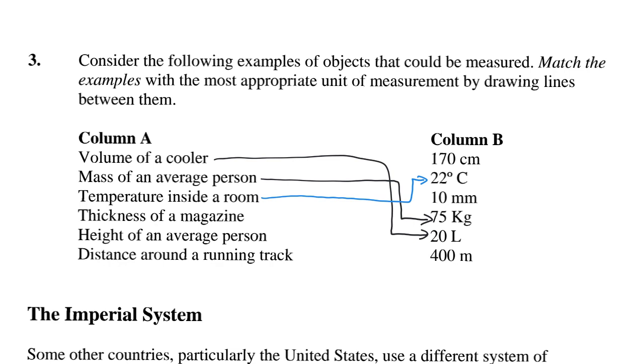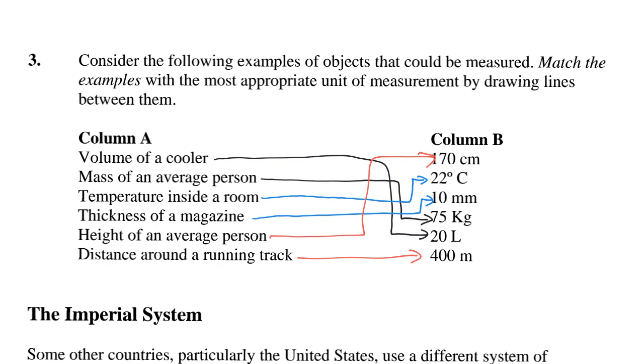And 1 centimeter is equal to 10 millimeters. So I'm thinking that this is 10 millimeters. All right, now the height of an average person is going to be 170 centimeters, and the distance around a track is 400 meters.